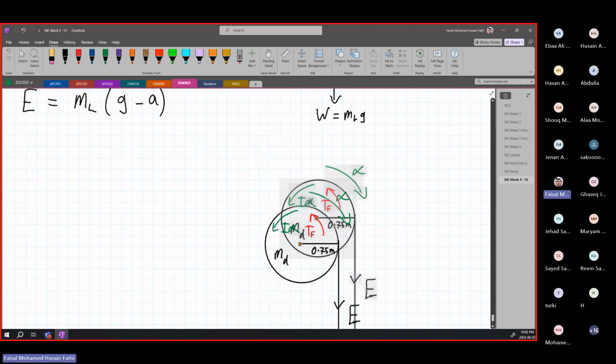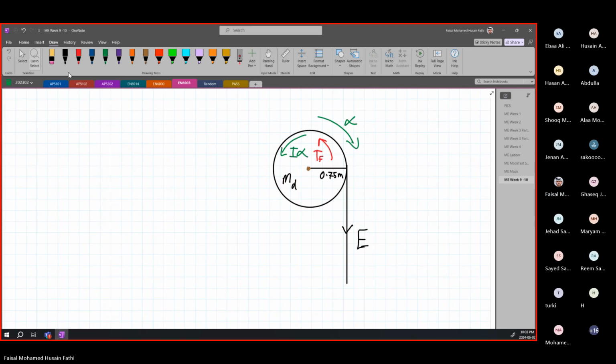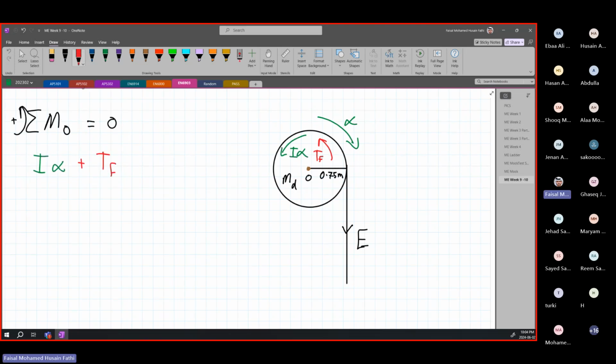If we're looking just at the drum here, now we are going to look at the moment about O, where this is point O. Counterclockwise is positive, and it's going to be equal to 0. So now counterclockwise positive means I alpha is positive, plus the friction, which is positive, right?